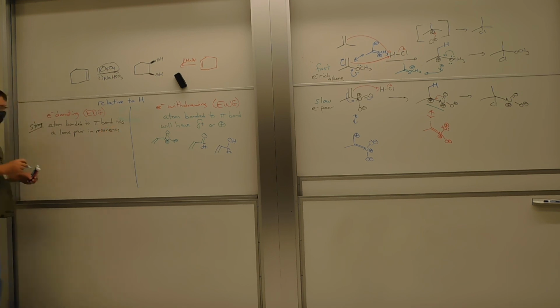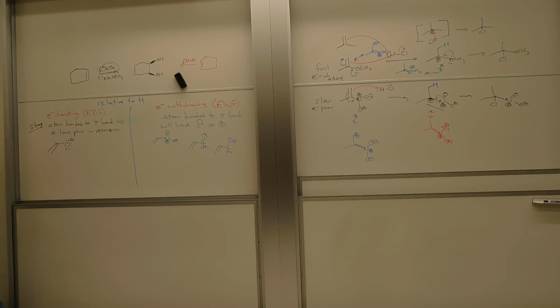The atom directly bonded to the alkene is going to have a lone pair. So the lone pair, you might think, so it could be this. This would be super strong, right? You have an O minus bonded. So now it's not just that you have a lone pair. You've got a negative charge, right?